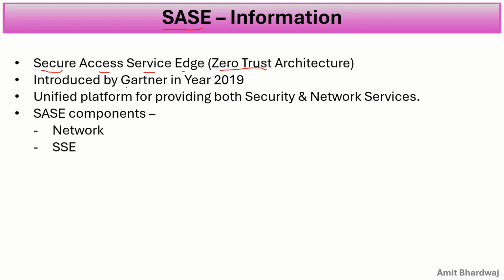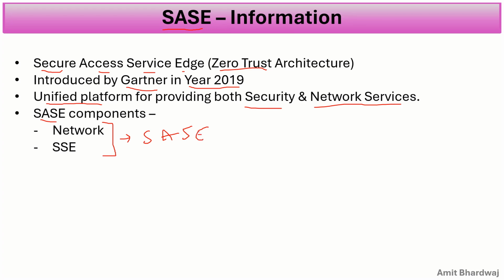SASE was introduced by Gartner in 2019, and it is a unified platform that provides not only security but also network services. The components of SASE: the network and SSE are combined to form the SASE framework.